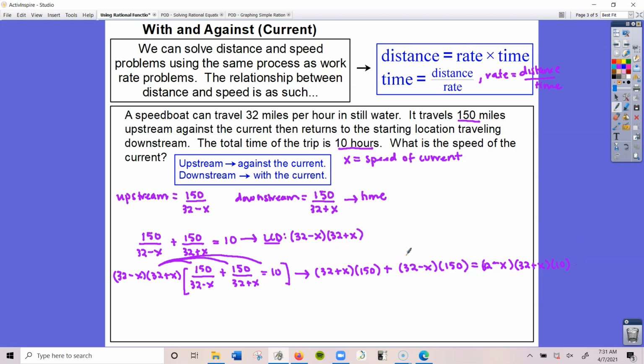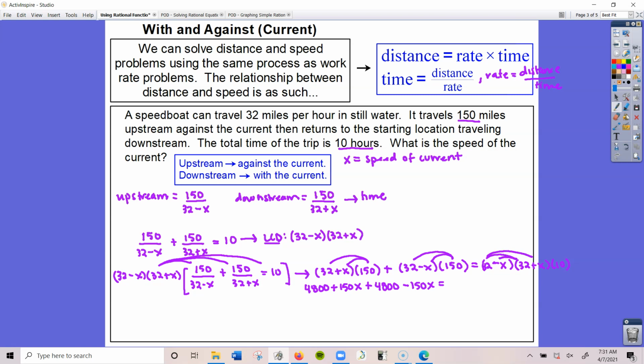So now we're going to distribute everything and solve. When we distribute 150 here, 150 times 32 is 4,800 plus 150x plus. Now I'm going to distribute this 150 to the 32 minus x. Once more, 150 times 32 is 4,800 minus 150x. And that's going to equal, now we have to multiply these out.